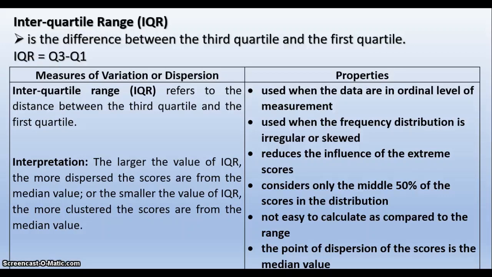And the interquartile range is used when the data are in ordinal level of measurement. The second one is used when the frequency distribution is irregular or skewed. When we talk about irregularity, meaning some of the scores are very low or very high.